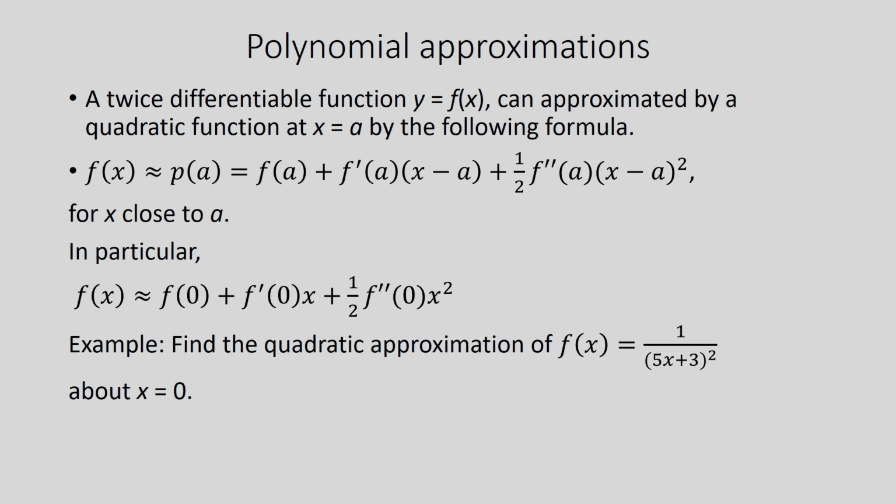We have talked about linear approximation of a function, but there could be approximations of higher orders. Suppose you have a twice differentiable function y is equal to f x. Twice differentiable means you can differentiate it 2 times successively. Then it can be approximated by a quadratic function at x is equal to a by the following formula.